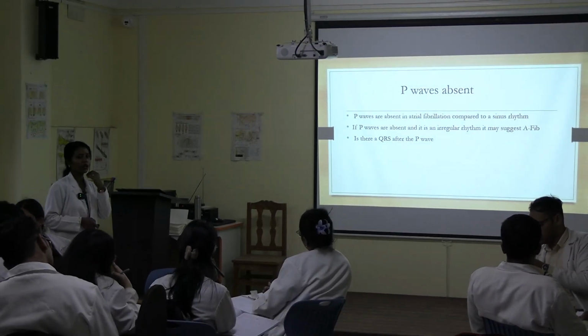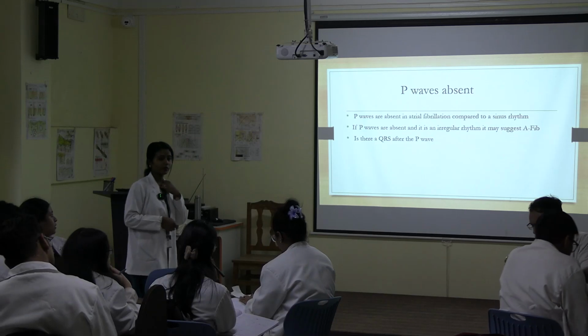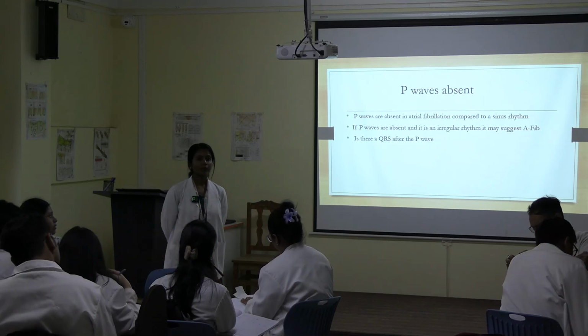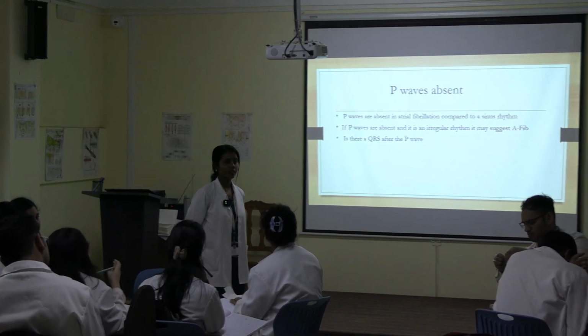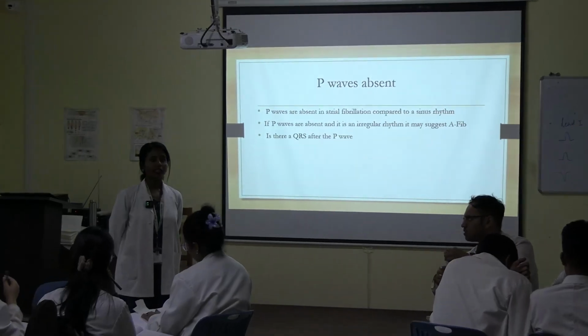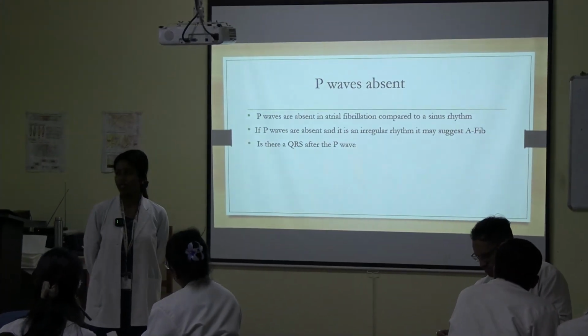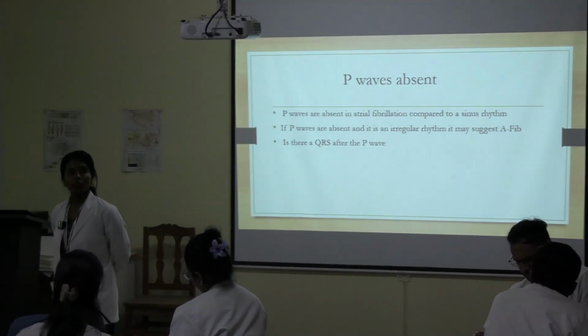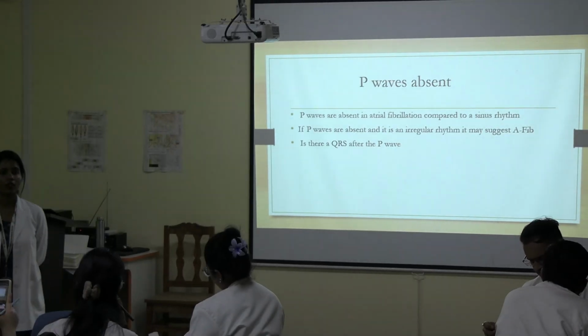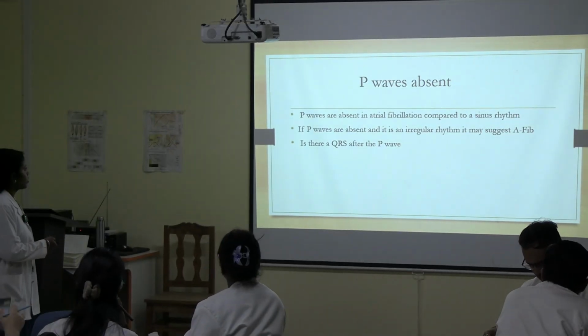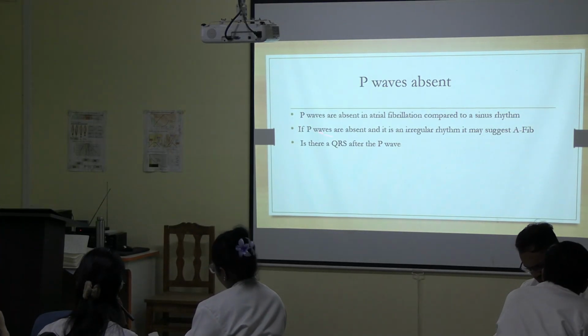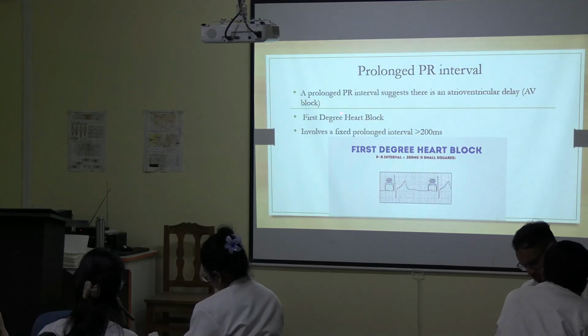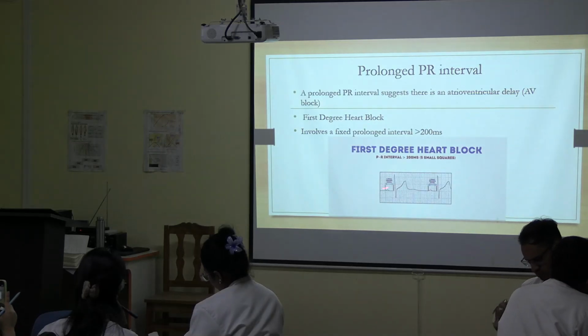So what is heart block? Heart block क्या है? Heart block. So it can be first degree, second degree heart block might be there. So that also you can find out from the ECG. Okay. So for the first degree heart block, suppose you can look over here.